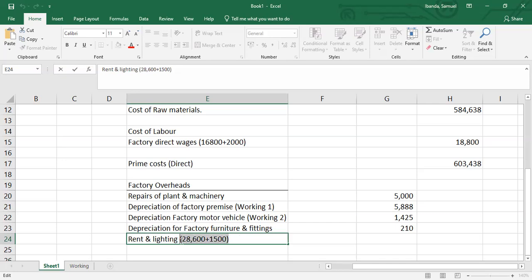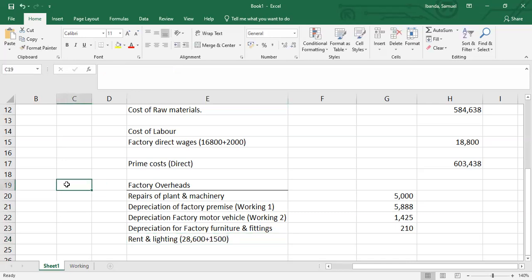Let me just add it together. So it's about 30,100. Now, after we have gotten the rent for the year, I want you to also be very attentive here.